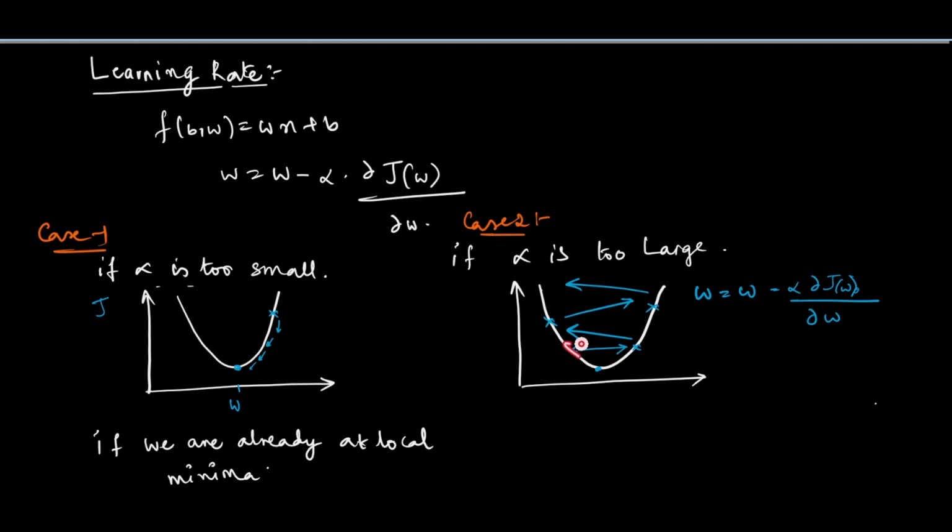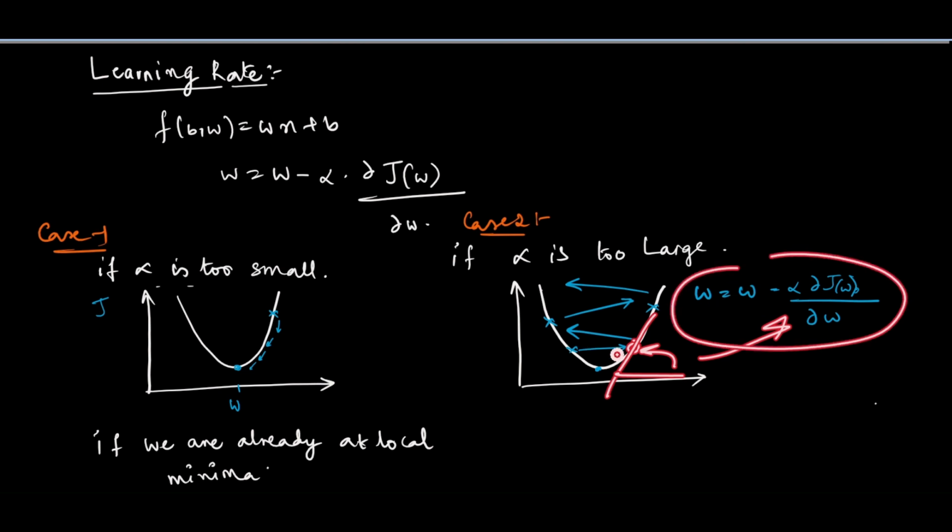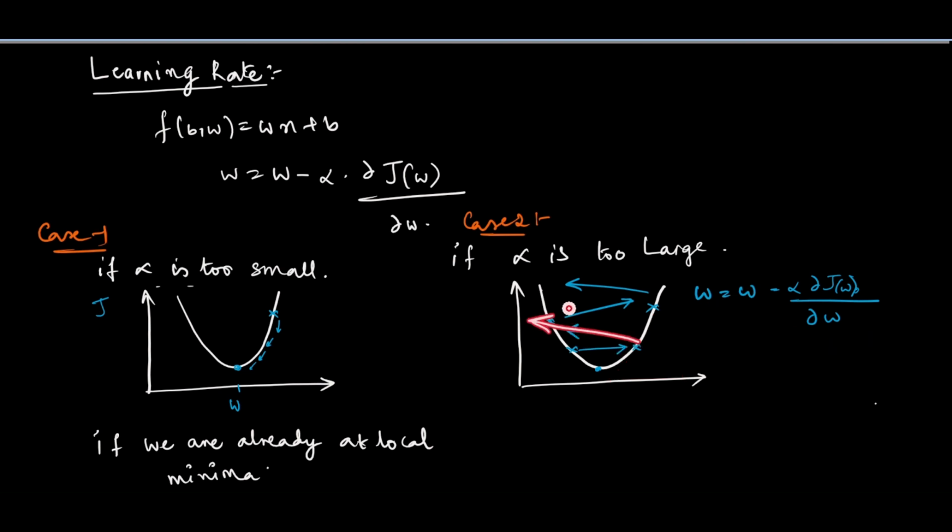Even though the local minima is here, we may overshoot to here. After we reach here, when we calculate the slope and do the calculations, we may reach here, then from here again here. So in this case, there is a possibility that we may not reach the local minima at all.